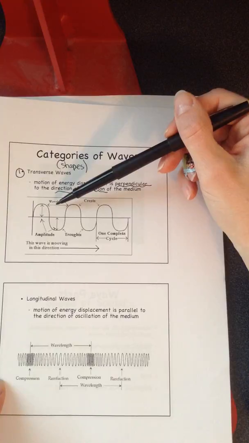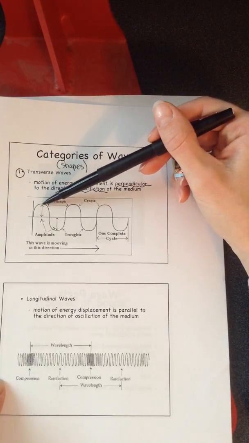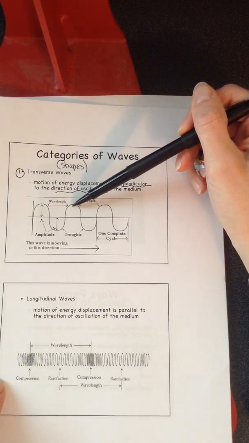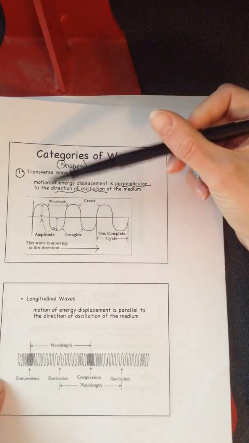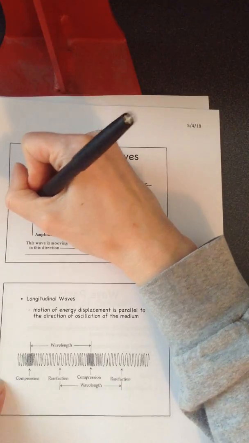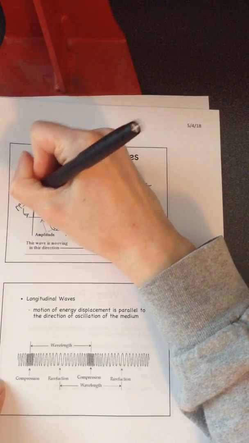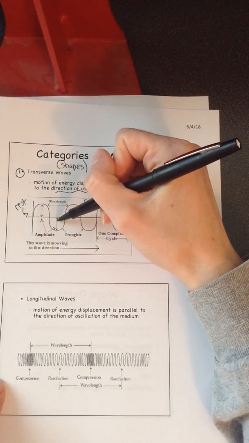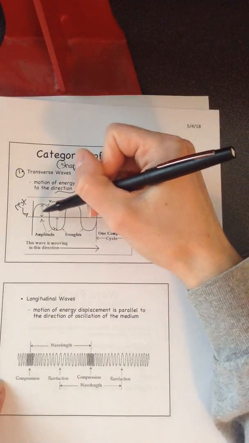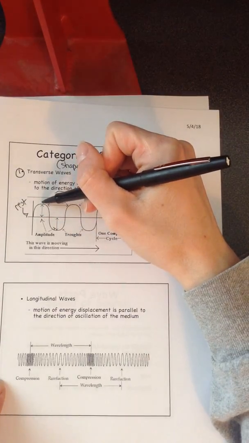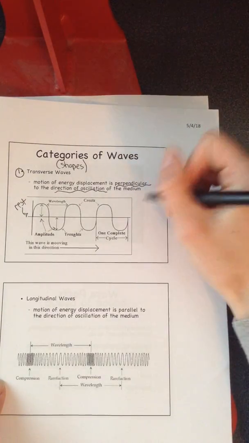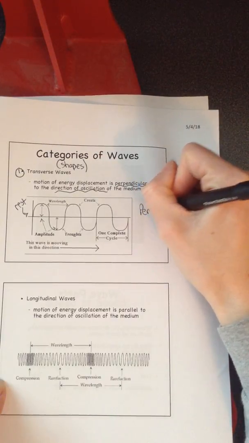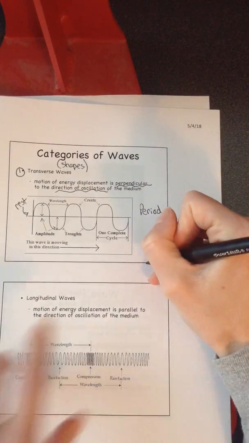Wavelength is the distance from one point on one wave to the point on the next. And then lastly, your amplitude, I like to call it the height of your wave, that goes from what we call the rest position, which is your horizontal line, on down to the trough, or it can go from the rest on up to the crest. And then one key word I want to bring back into this unit is period.